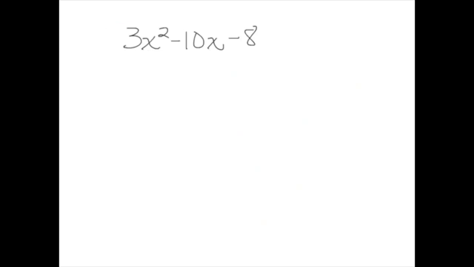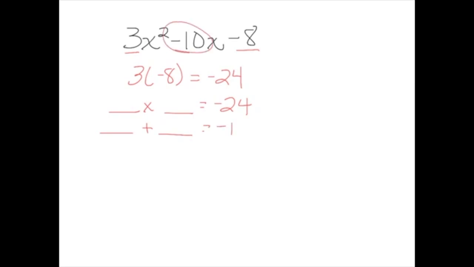Here's a second example. Okay, we're going to start off the same way. Multiply the first and last numbers together. We need 2 numbers that multiply together to give me that negative 24, but when I add them up, I get the middle term of negative 10.